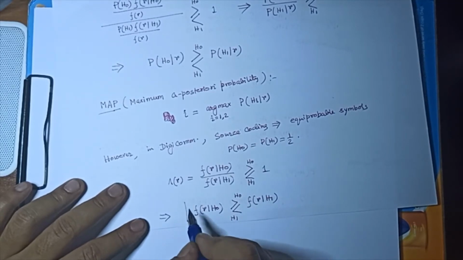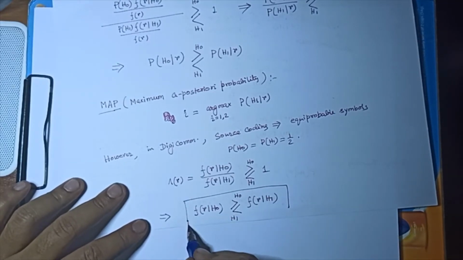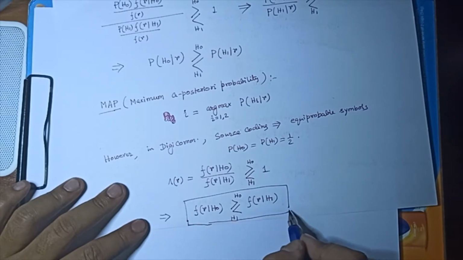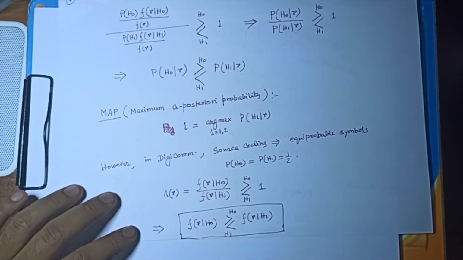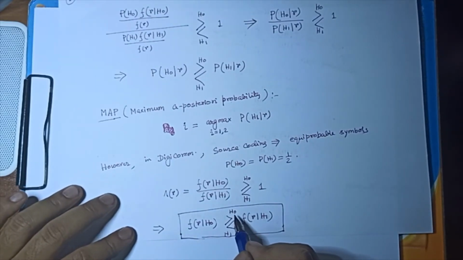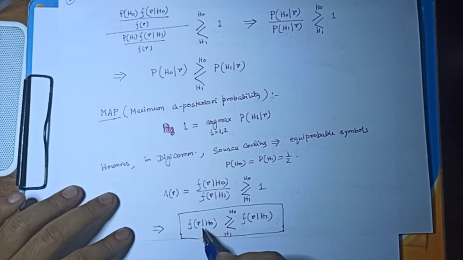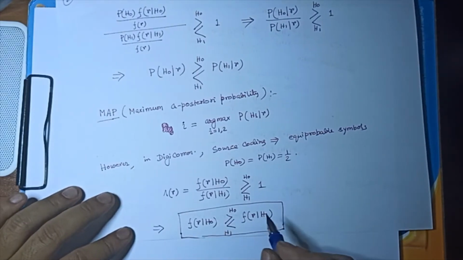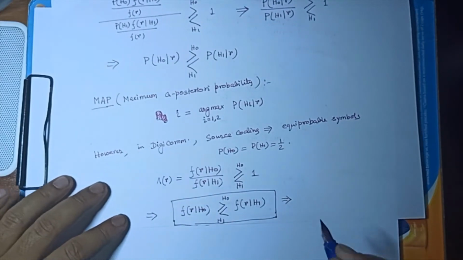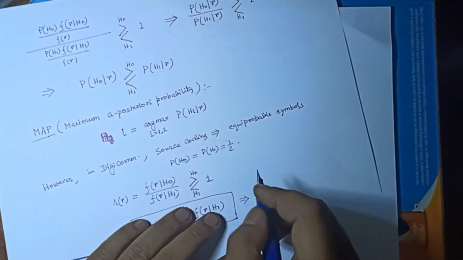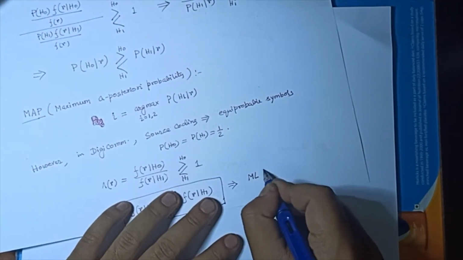This particular rule, where you are comparing only the likelihood density functions and you are choosing the corresponding hypothesis based on whichever likelihood density function is more, this is called the maximum likelihood detection or ML detection.